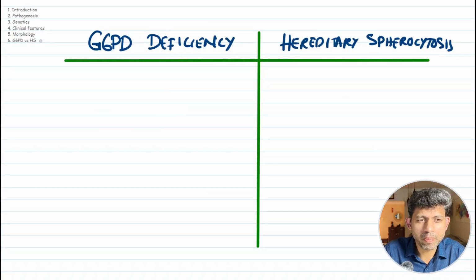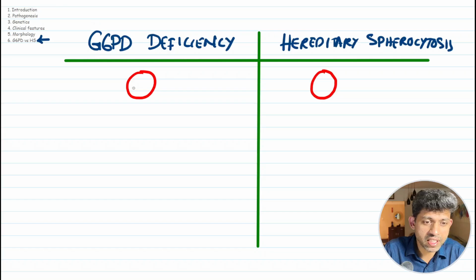Now let's look at some important differences between G6PD deficiency and hereditary spherocytosis. G6PD deficiency is an enzyme defect, while hereditary spherocytosis is a membrane defect. Both are inherited.